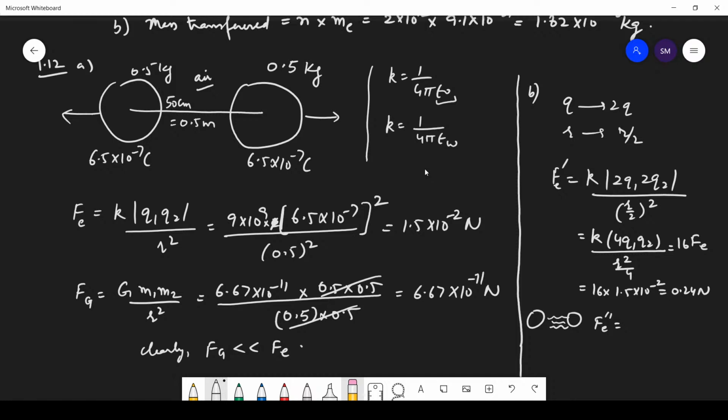The permittivity of water is equal to K, the dielectric constant, times epsilon naught.